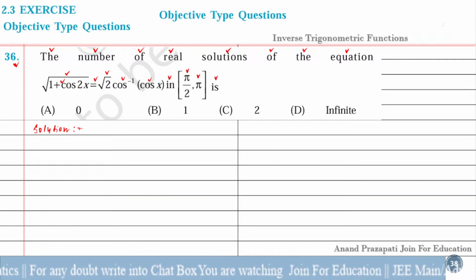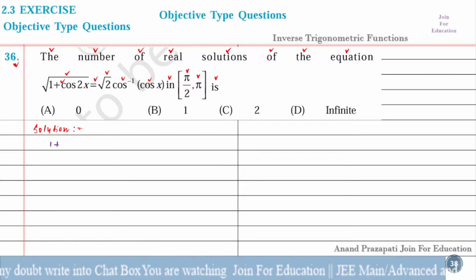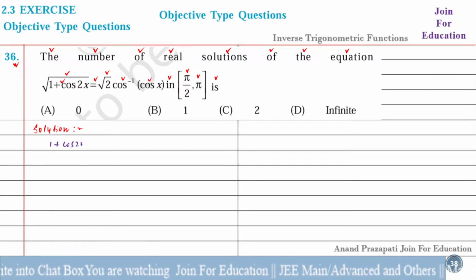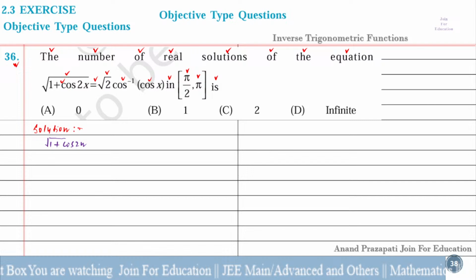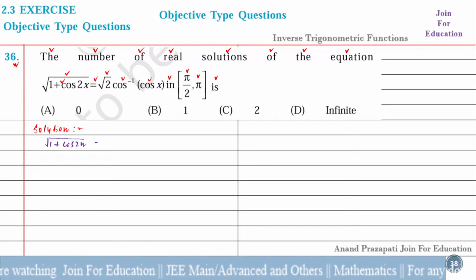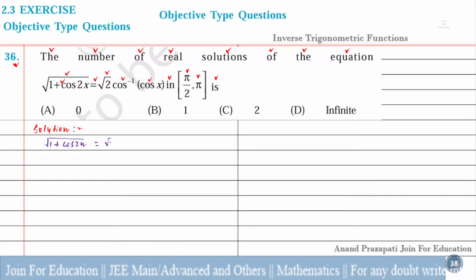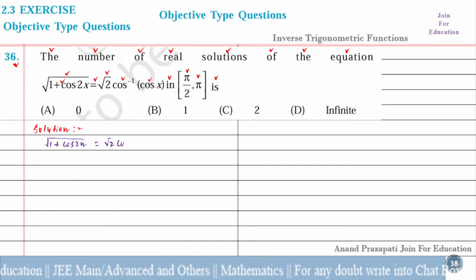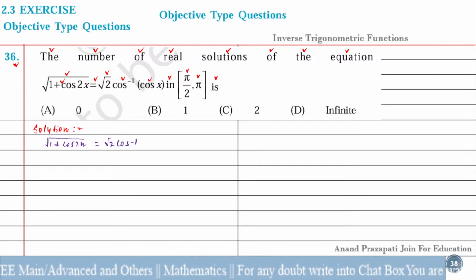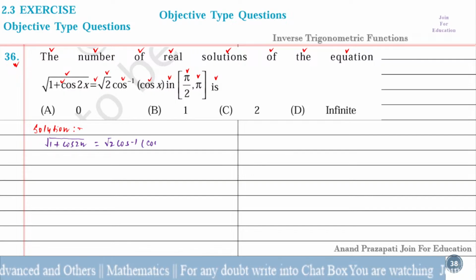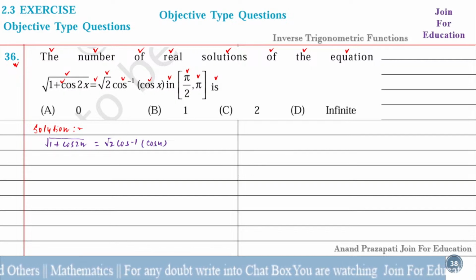So 1 plus cos 2x over root equal to root 2 cos inverse cos x.